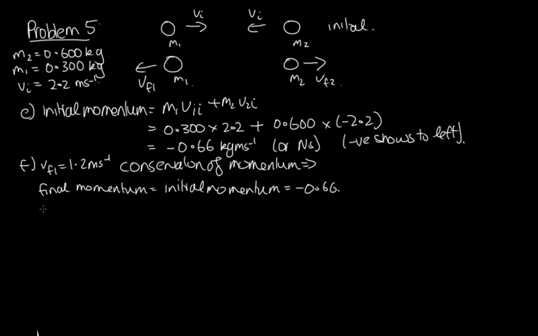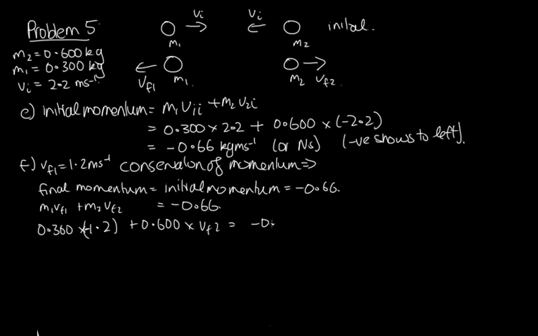So the final momentum is m1 vf1 plus m2 vf2, and that's equal to minus 0.66. So we've got 0.300 times 1.2. And this is in the negative direction, so we should put a negative in front of that one there. Plus 0.600 times Vf2 is equal to minus 0.66. So moving this one over to this side, we've got 0.600 Vf2 is equal to minus 0.300.